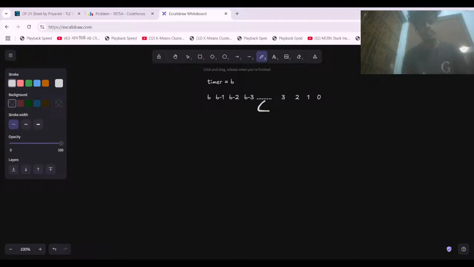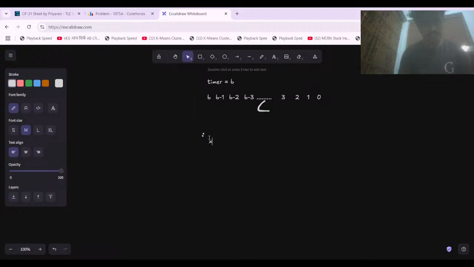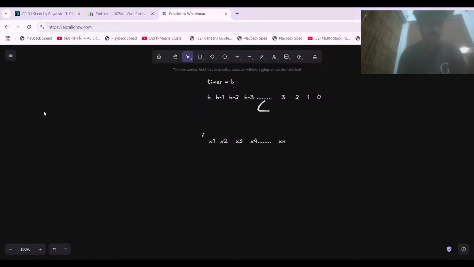I will say, okay, when the timer becomes C, you want to use a tool, so you have these tools, like X3, X4, and so on. So you go from C to C plus X3, right?